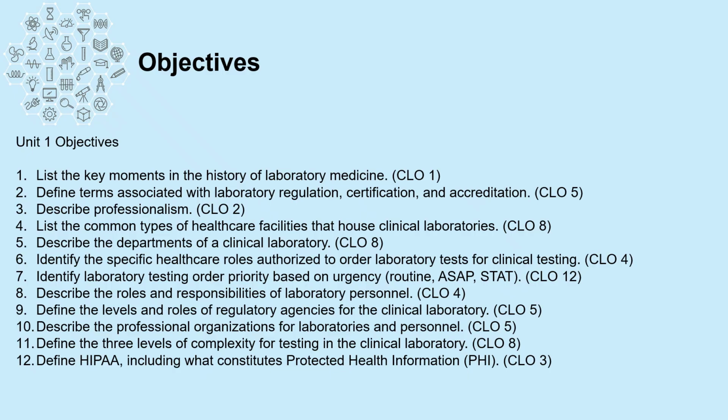Describe the professional organizations for laboratories and personnel. Define the three levels of complexity for testing in the clinical laboratory. And probably most importantly, I want students to define HIPAA. What does HIPAA stand for? And what constitutes protected health information, or PHI?